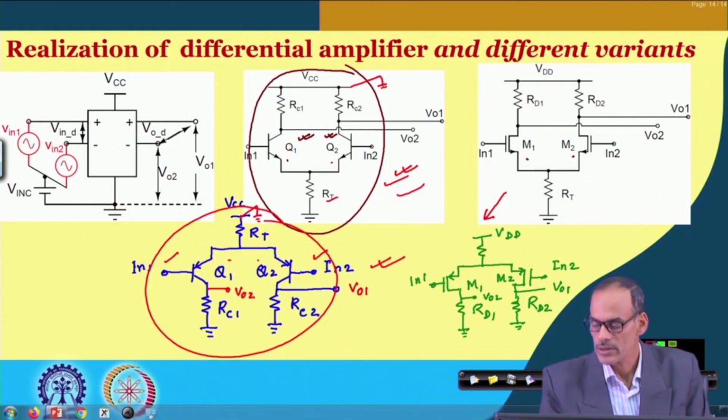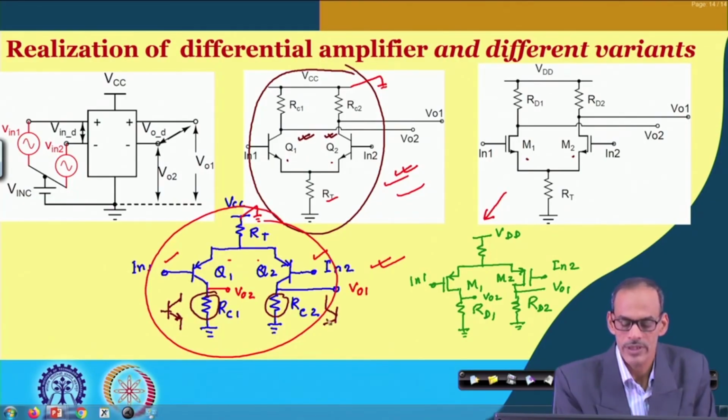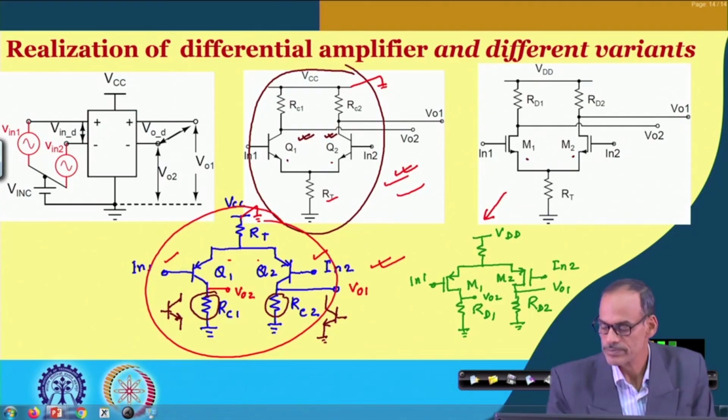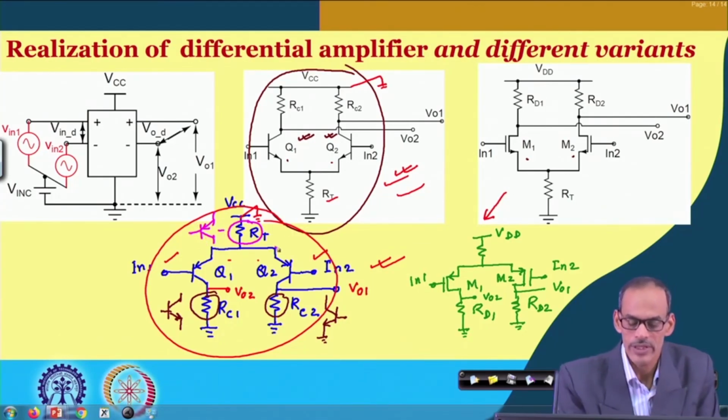And of course, again if you want to enhance the circuit performance, you can replace these resistors by active devices to enhance the differential mode gain, and likewise you can replace this tail resistor by a PNP transistor to decrease the common mode gain.